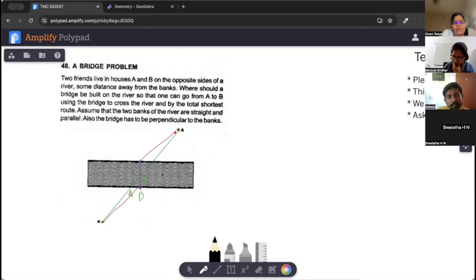So the book solution says, if you have this on a piece of paper, you just fold the paper so that the river disappears, and then draw the line from A to B. Once you open it up, there will be 2 points, on 2 opposite sides of the river, where the path would be meeting. Draw the bridge there. That is your shortest path.